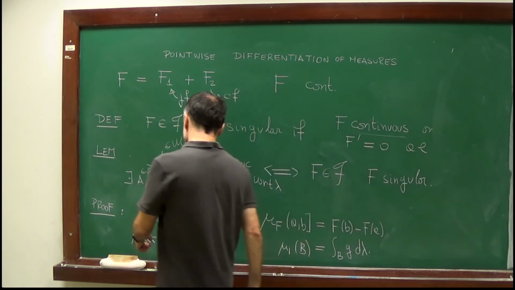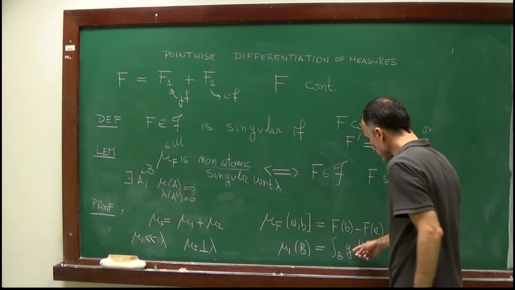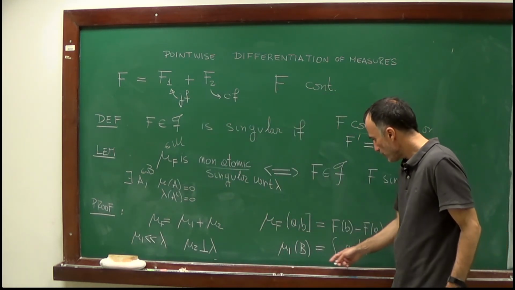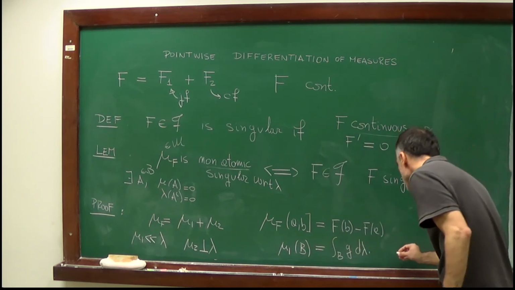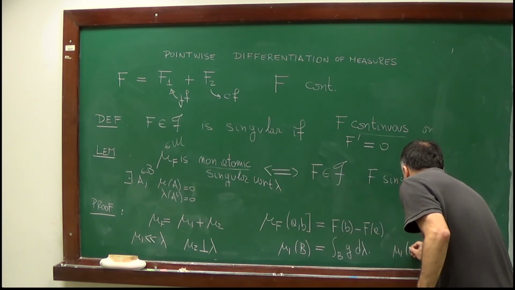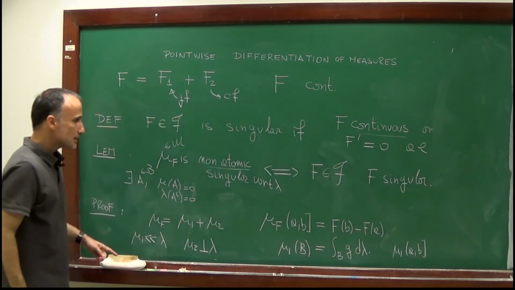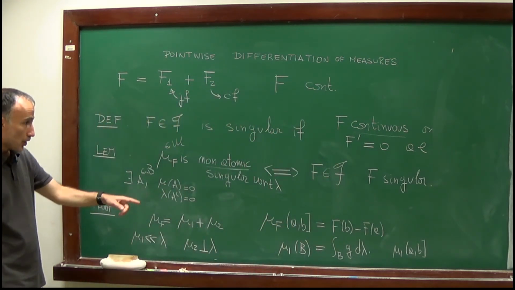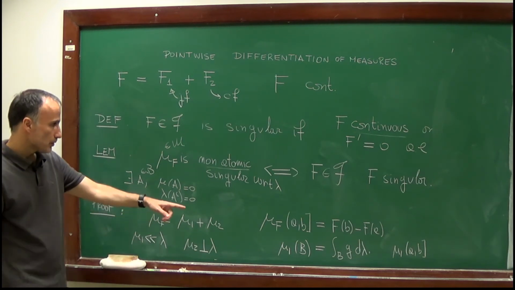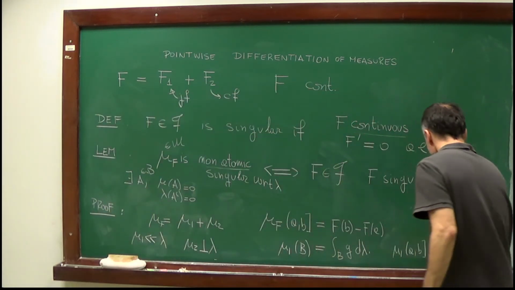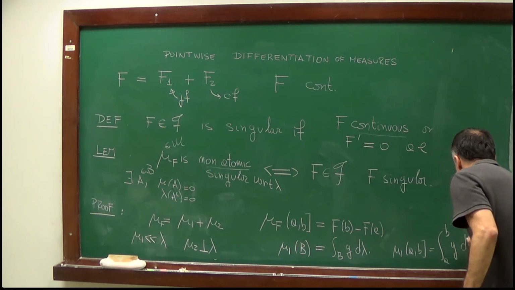We know that if mu1 is absolutely continuous with respect to Lebesgue, there exists the Radon-Nikodym derivative, which I'm representing here by G. So the measure mu1 of any set B can be represented by this expression, which means that mu1 of AB is the integral over A to B of G d lambda.